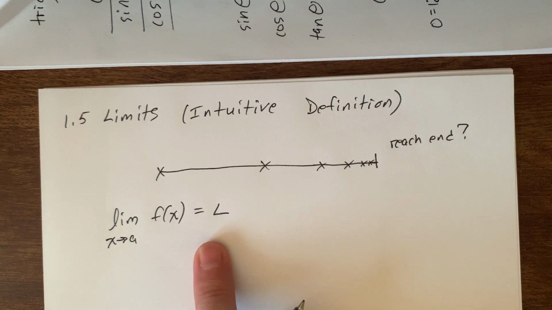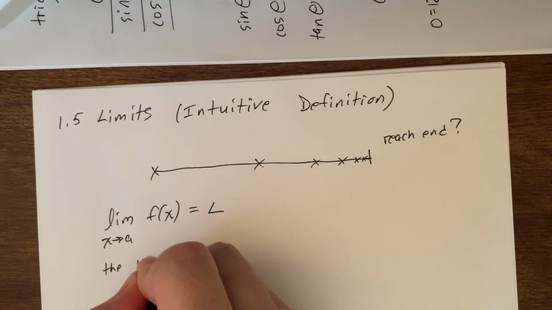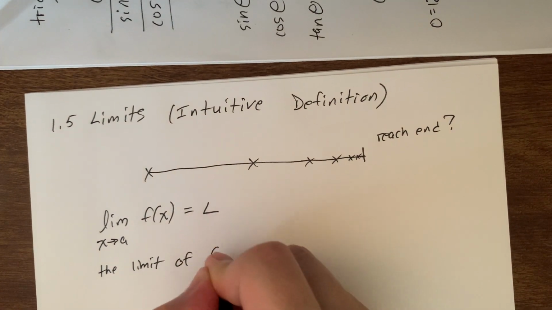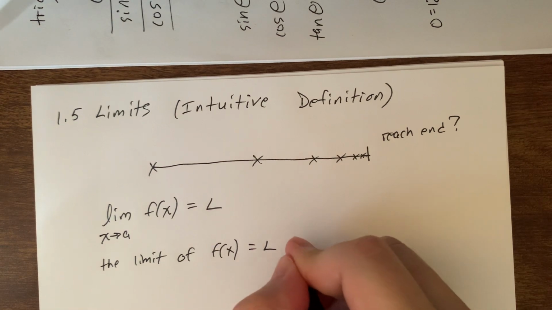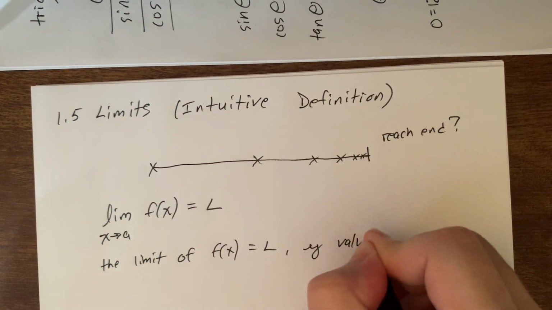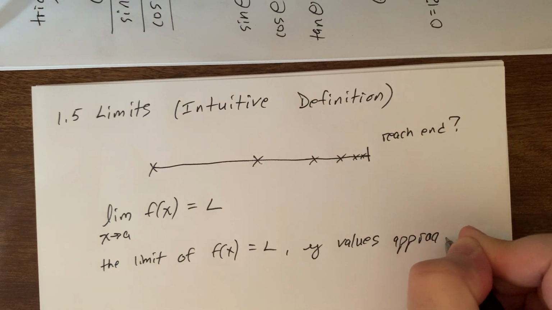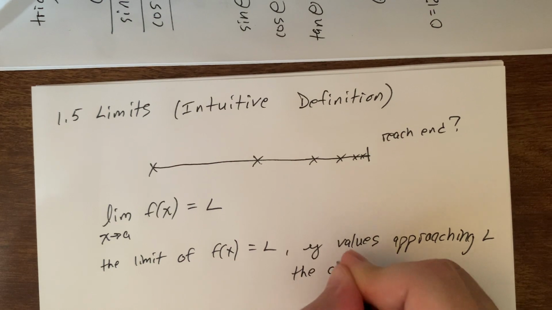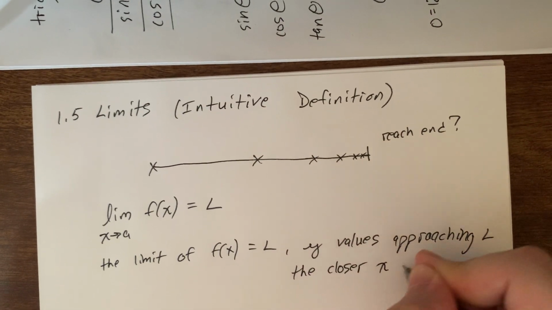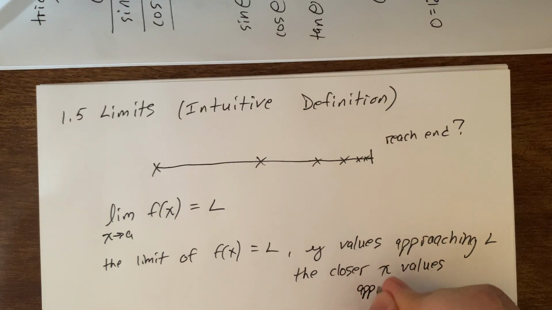And what we want to understand here is that the limit of f of x equals L is telling us that the y values are approaching L the closer the x values approach to a.